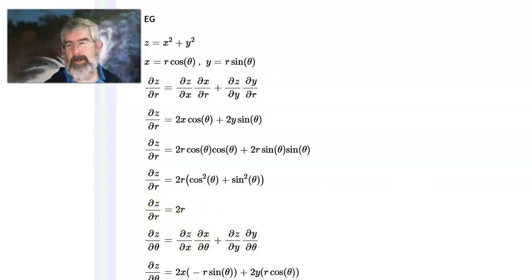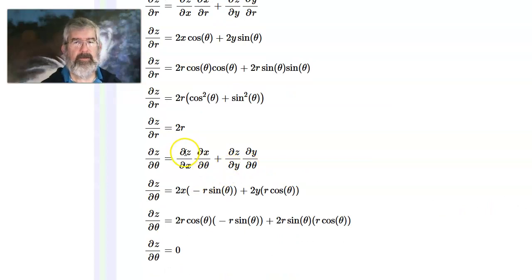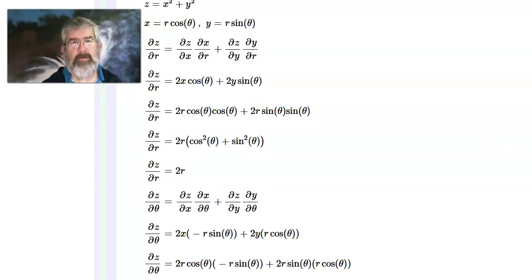Likewise, now, if I look at the partial derivative with respect to theta, this is partial z, partial x, partial x, partial theta, plus partial z, partial y, partial y, partial theta. And partial of z with respect to x is still 2x. The partial of x with respect to theta, let me scroll back up here and take a look at that.